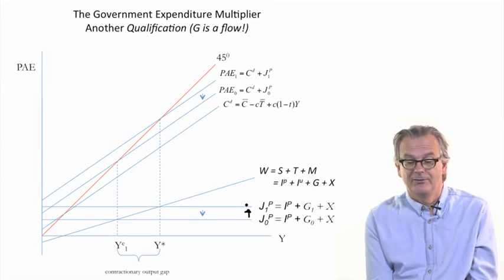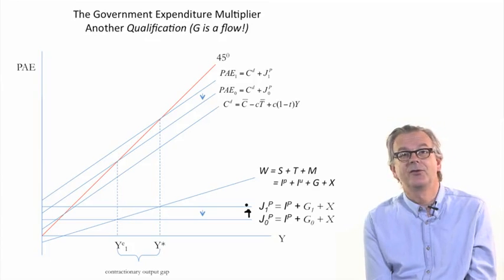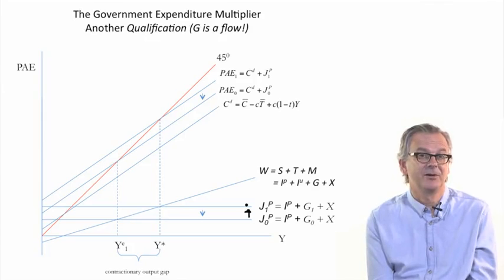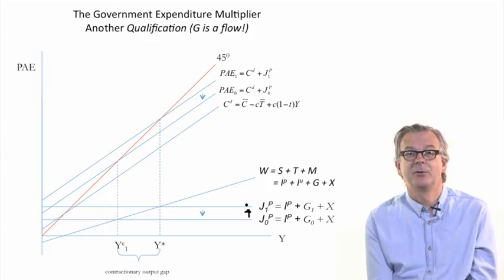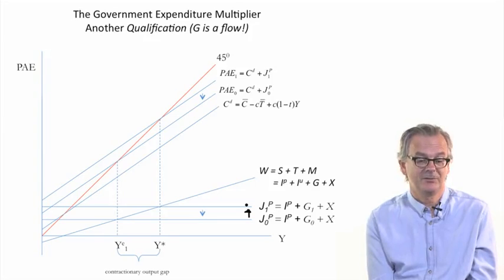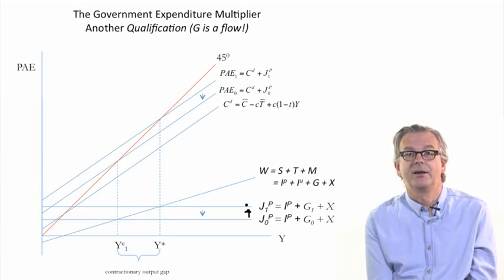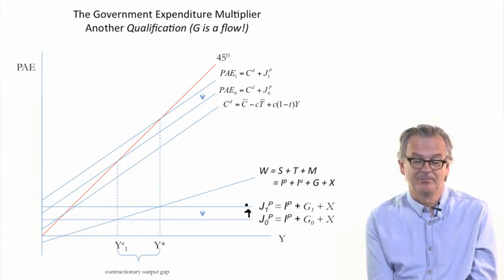And so at some point, governments have to perhaps reverse this and say, okay, we can't keep financing this increase in government expenditure forever. Let's take notice of our government budget constraint, and let's just say, okay, we've tried, we've increased our government expenditure, we've eliminated the contractionary output gap, we can now cut back on government expenditure.